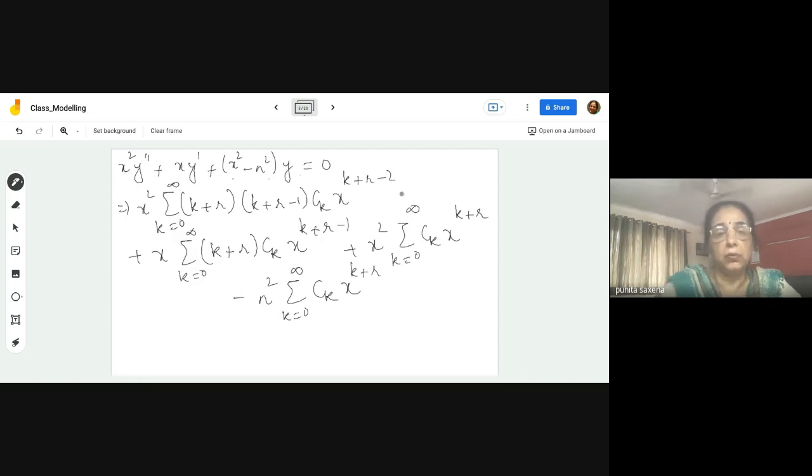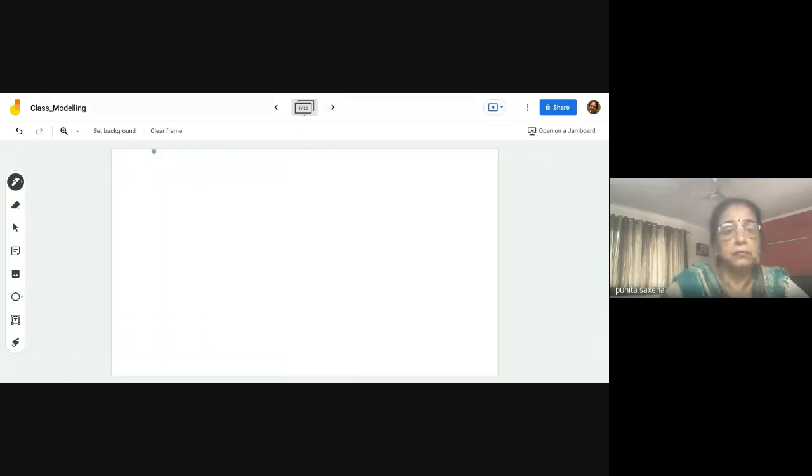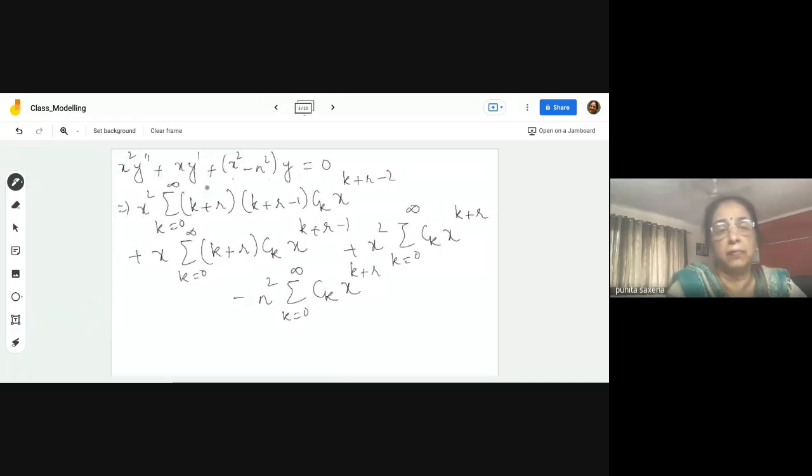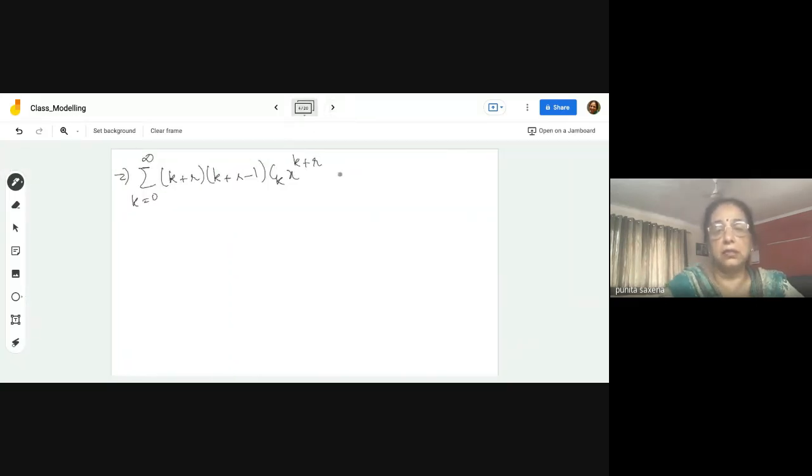Now we can simplify this further, and we observe that the first term will now be the summation, k from 0 to infinity, of (k + r)(k + r − 1) c_k x^(k+r), right? Because this is x², then you have x, and when you take that x inside the summation, you are going to get (k + r) c_k x^(k+r), k from 0 to infinity.